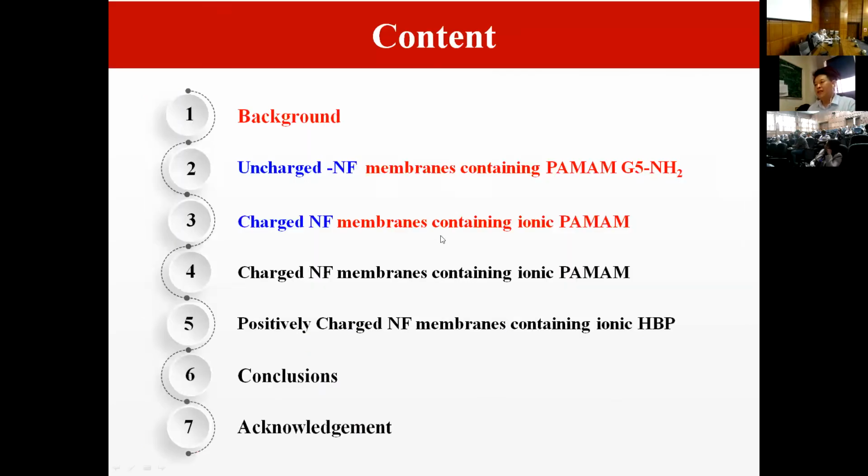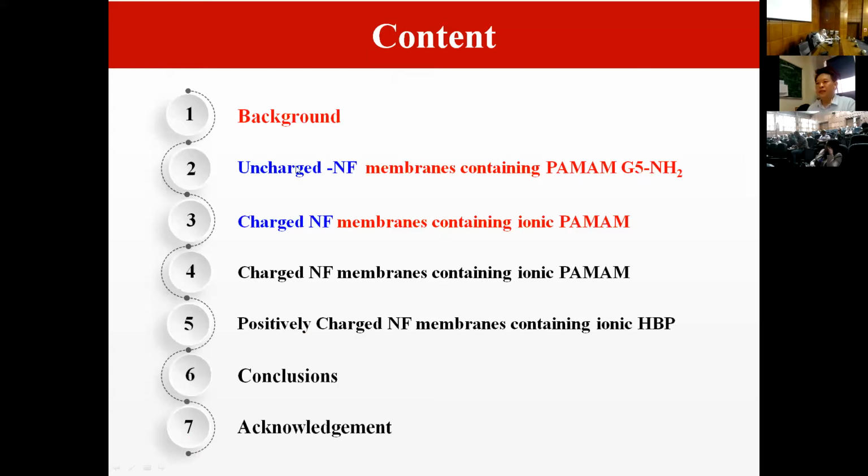So flux is one consideration for nanofiltration. Another consideration is to improve the selectivity. We know many nanofiltration membranes are charged membranes. How to realize the charge state of the nanofiltration membrane is a challenge.